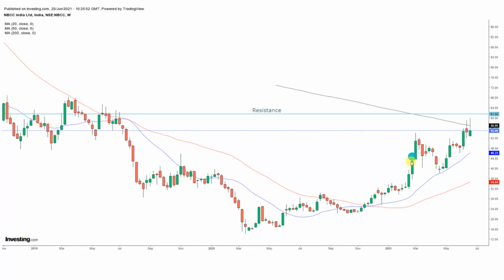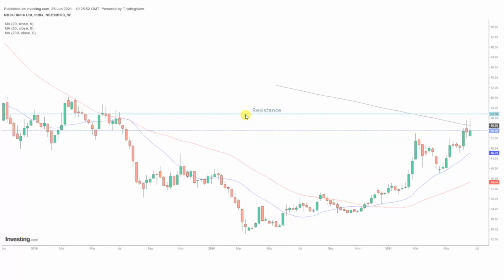This was the peak which was formed previously and would have been the resistance, but it was broken here, so it cannot be an unbroken high. We have to see what the next unbroken high is. This one was not broken yet, so we can say this is the resistance for the stock, and it can be the target price.